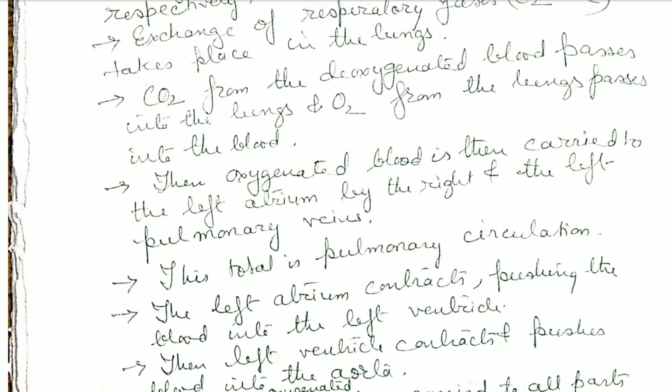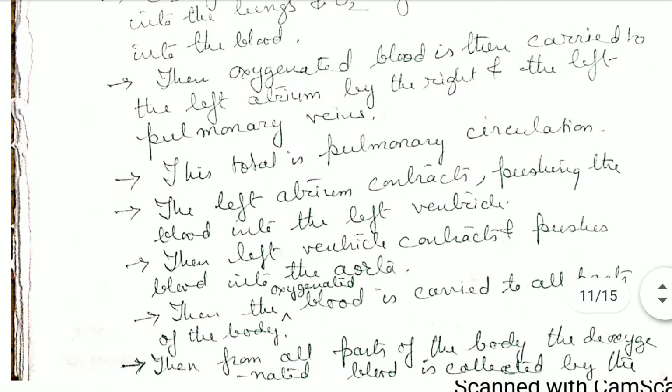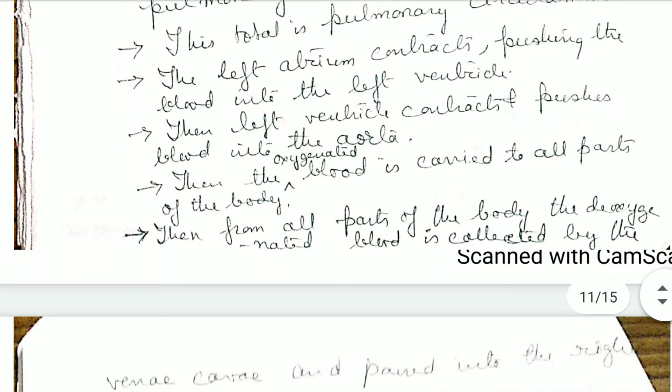Now this oxygenated blood from the left atrium is pushed into the left ventricle via the mitral valve or the bicuspid valve. Then the ventricles contract and the blood is pushed into the aorta through the aortic semilunar valve. And the blood goes out of the heart to the other parts of the body via the different arteries.